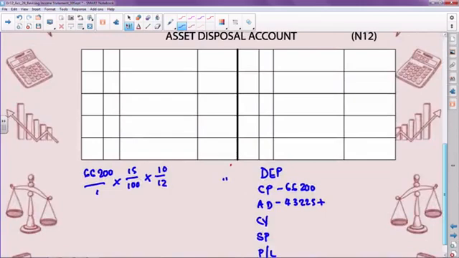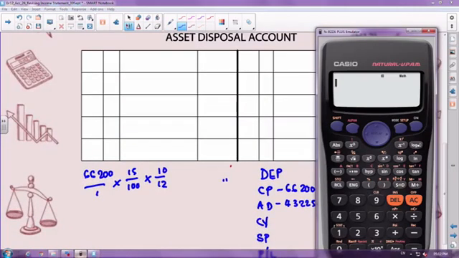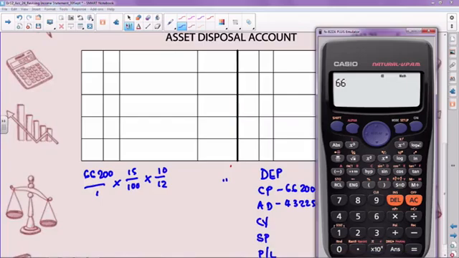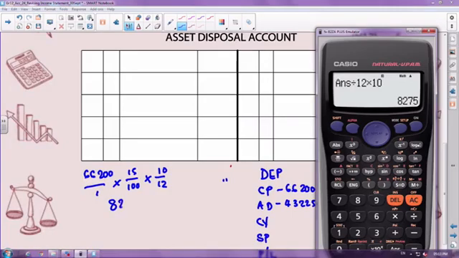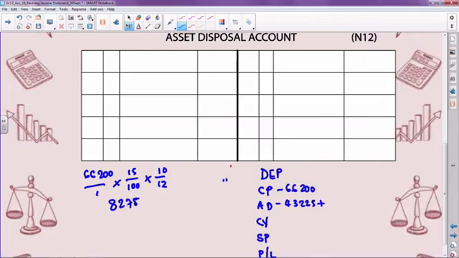Right, let's get our calculators out. And we say, fine, this is what we're going to do. 66,200 times 15% divide by 12 times 10 is equal to 8275. Right, what is the 8275? The 8275 would be your current year's depreciation.